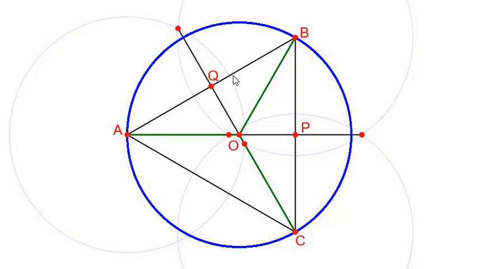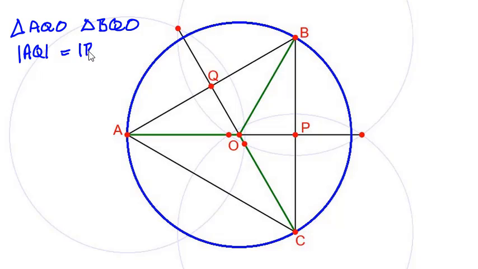So to start with, we're going to look at the triangle AQO. And we'll look at the triangle BQO. Now we know that AQ and BQ are equal in length because Q is the bisection point of AB. So we have the length of AQ is equal to the length of BQ.